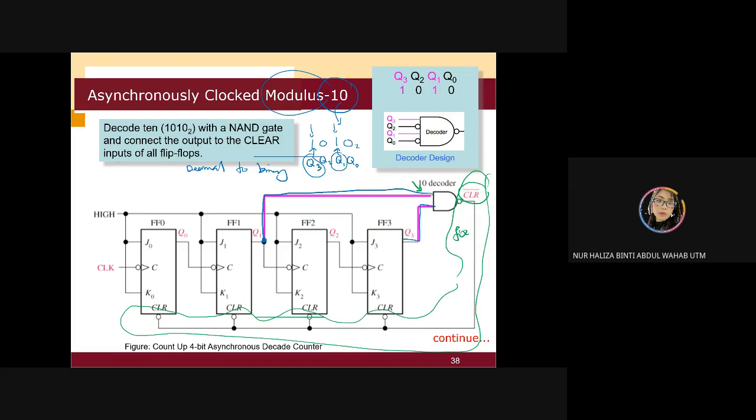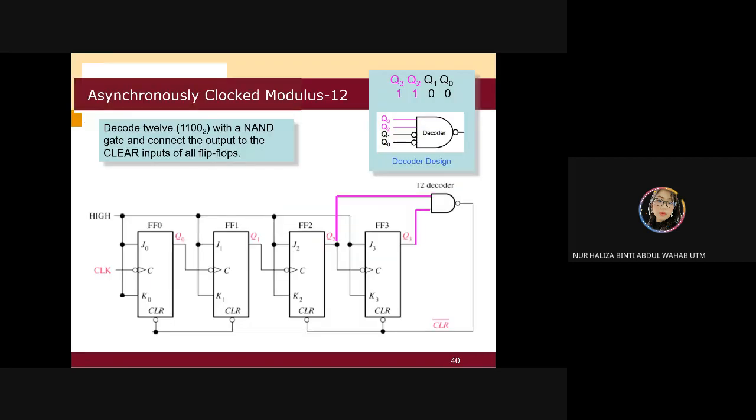Okay, next, we see another example. Ignore this first. For modulus 12, what will happen? I already mentioned everything is similar. The output of the NAND will also be similar. The only difference is at the input. When I have 12, I need to convert it to binary. I'm going to get 1100.